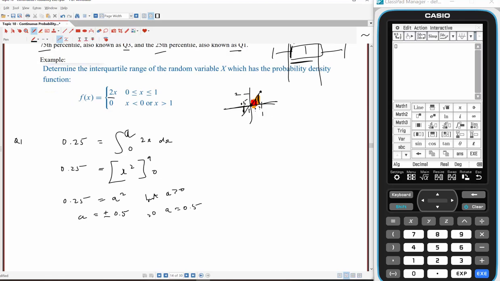Alright, so this value here at the halfway mark is going to be the 25th percentile. Alright, the 75th, so let's get 0.75 equals the integral from 0 to B of 2x dx.